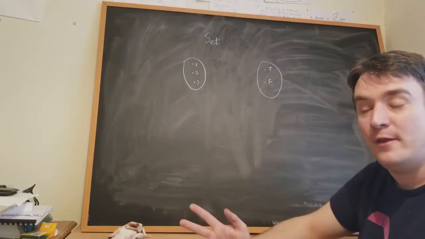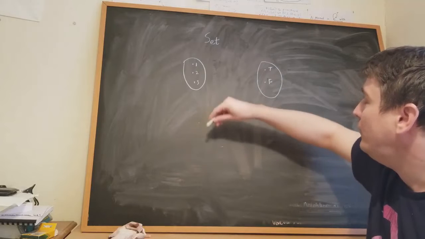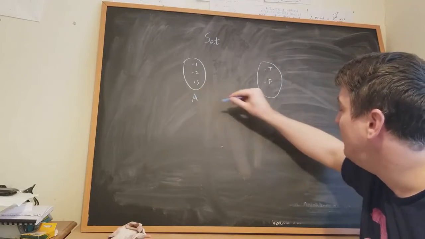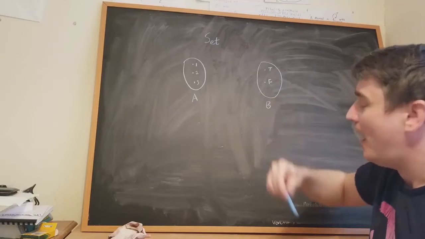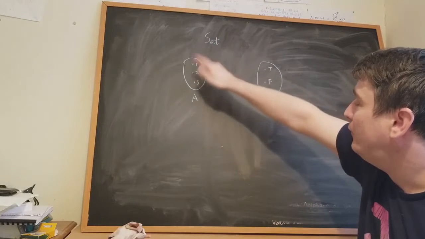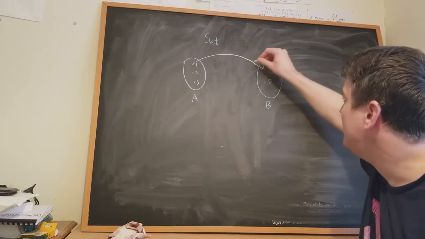And then what are the arrows? Well, the arrows are functions. We'll call this set capital A and this one capital B. A function from A to B is something that sends each element in A to an element in B.